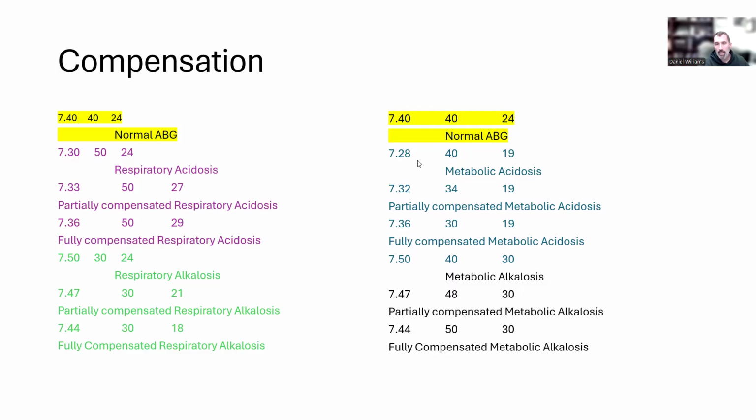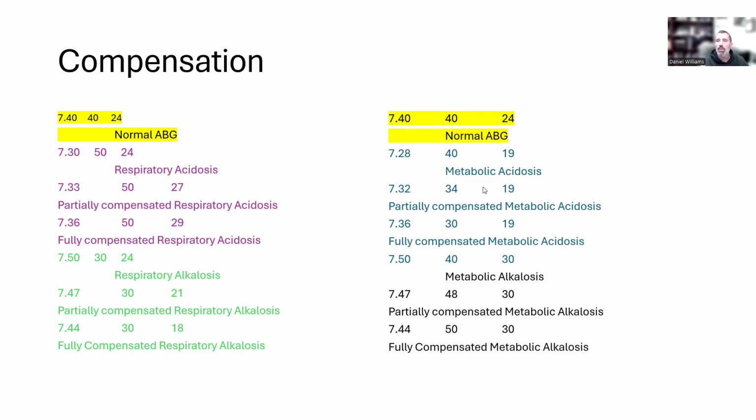Now we'll look at the next blood gas down. We have a pH of 7.32. The PaCO2 now is 34, while the bicarb is 19. This is still a metabolic acidosis. The low bicarb has brought down the pH, so the direct relationship is still there.